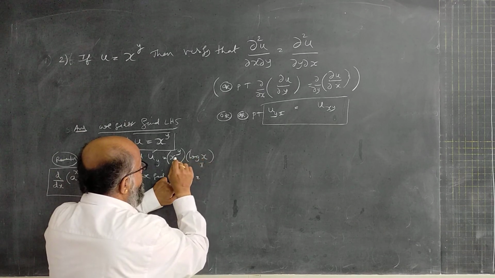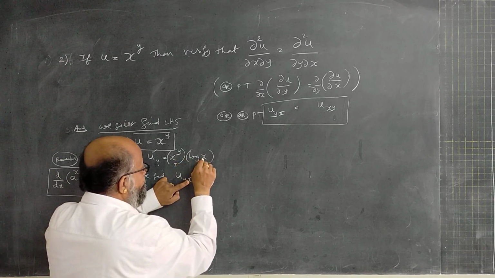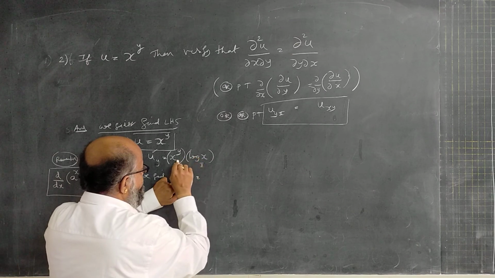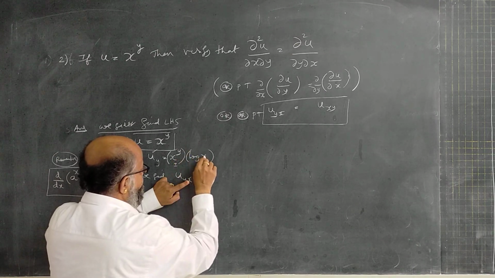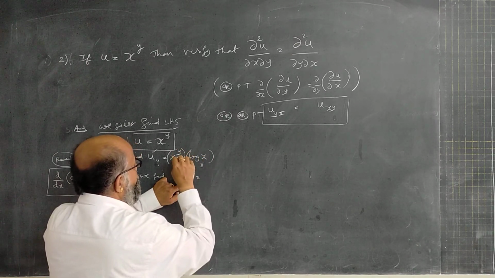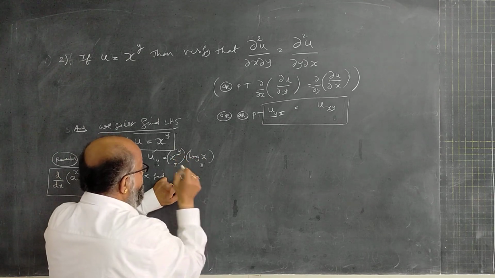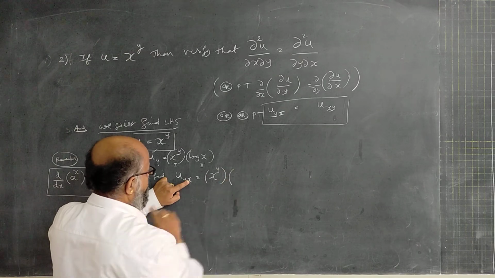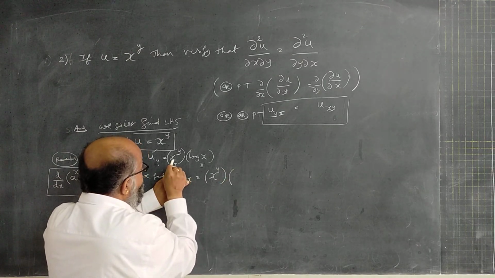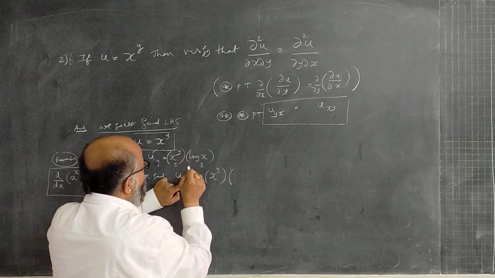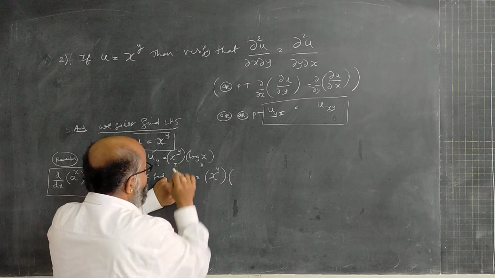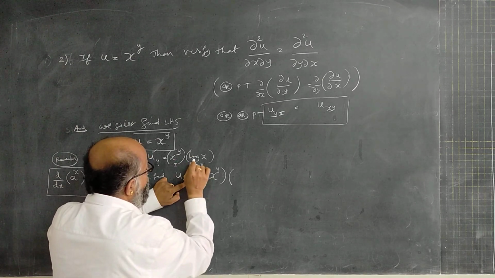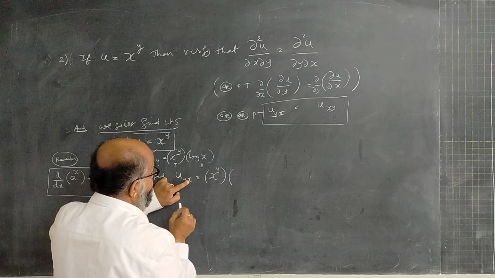This is like first function into second function. So the product rule says first function into differential of second function plus second function into differential of first function with respect to x. So the first function is x to the power of y, into the differential of the second function log x.